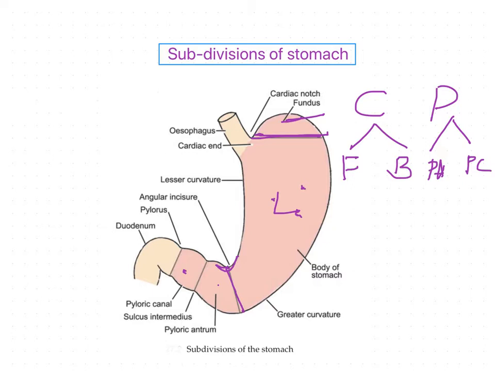Next is the body of the stomach. Normally the body of the stomach lies between the fundus and the pyloric antrum. So from the fundus to the pyloric antrum, this becomes the body of the stomach.